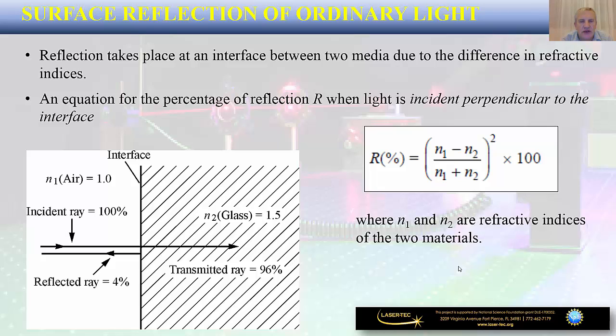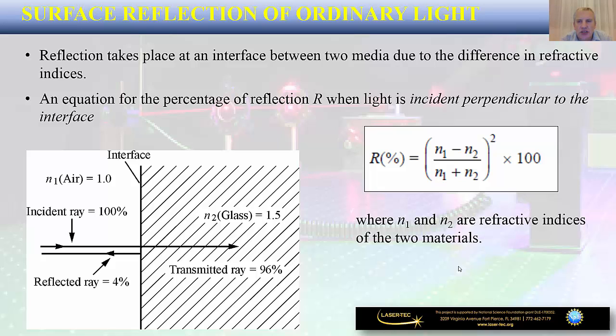So that's what is basically being represented on the picture shown on the left hand side. It turns out that reflection, or so-called reflectance, which is basically equal to the percentage of the input power that's being reflected, is a function of the two indices of refraction of the two media.